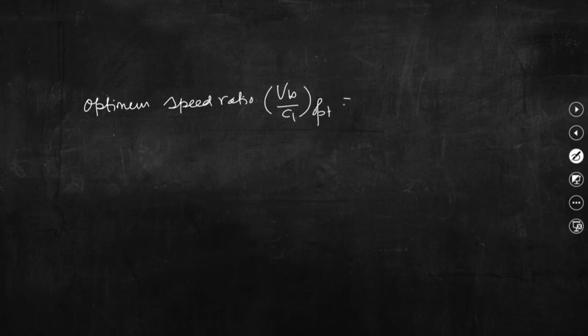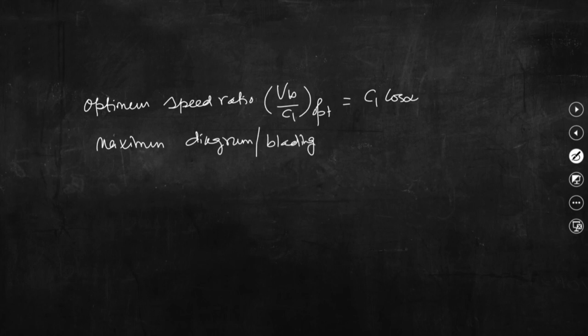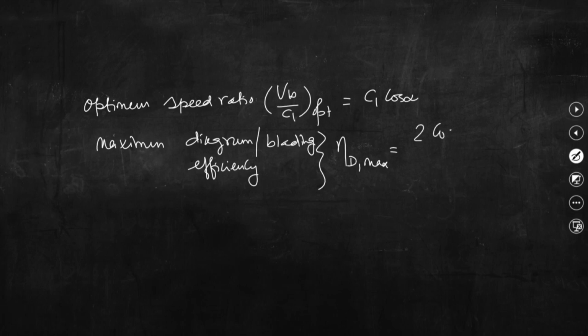So, we can write the optimum speed ratio Vb by C1 optimum equal to cos alpha, and the maximum diagram or blading efficiency eta d maximum equal to 2 cos square alpha divided by 1 plus cos square alpha.